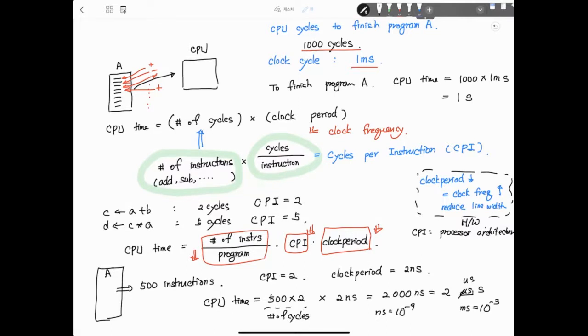So it depends on the processor architecture. And the number of instructions depends on the instruction set architecture. We'll learn about that. If we are providing many instructions, then maybe we can generate a small number of instructions per program.